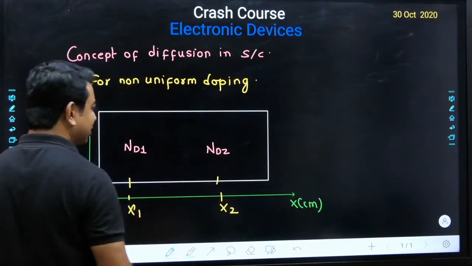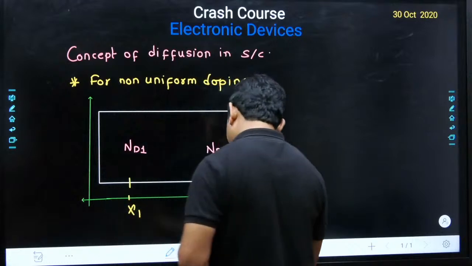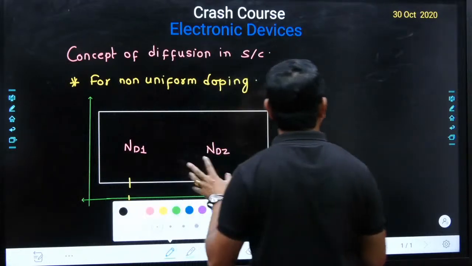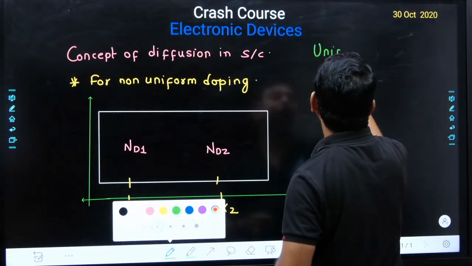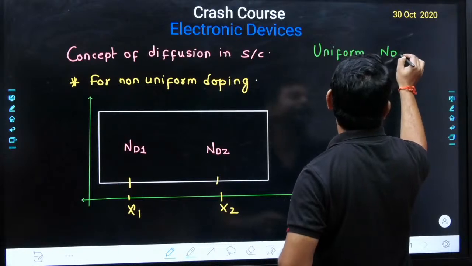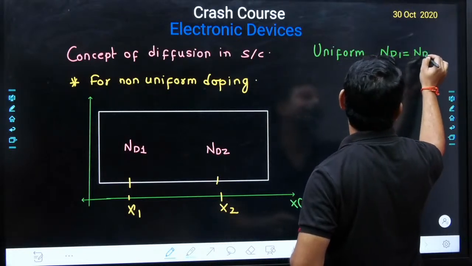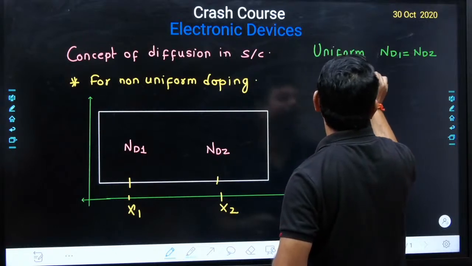So for uniform doping, the semiconductor is uniformly doped overall, and I can say that ND1 is equal to ND2. Okay. So this is for uniform doping concentration.